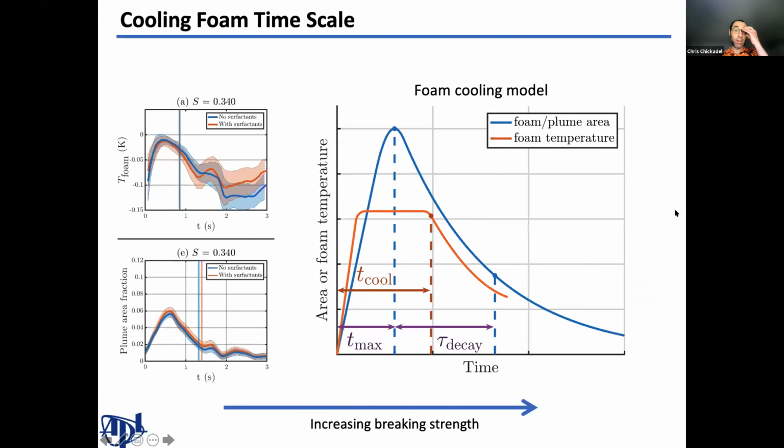So our conceptual model is that what's shown in blue would be the plume decay time, or the area of the foam under a surfactant-free case, such that if you examine a place on the ocean as a breaking wave was passing by, and breaking surface foam or a bubble plume was generated, it would reach some maximum and then decay over time. The corresponding temperature of that surface patch would increase as that water is disturbed.